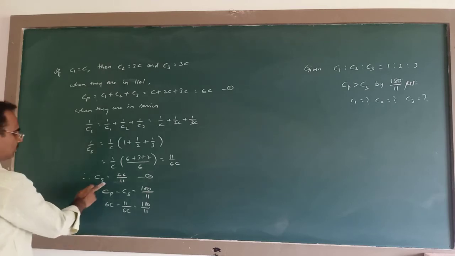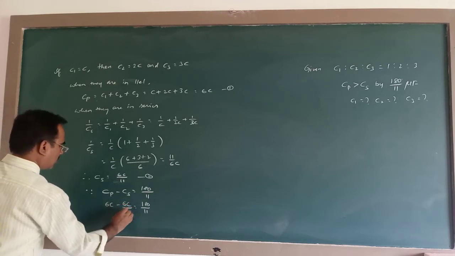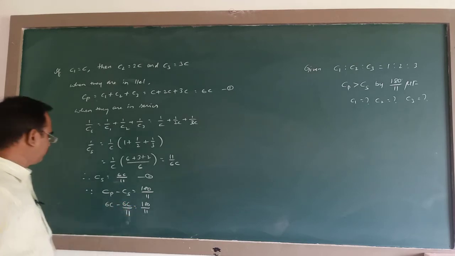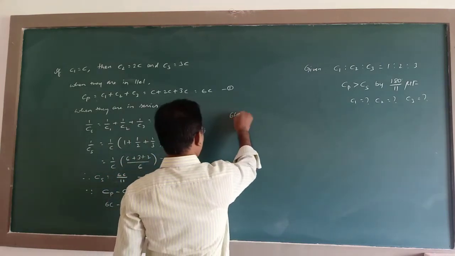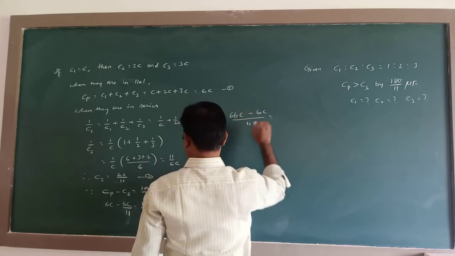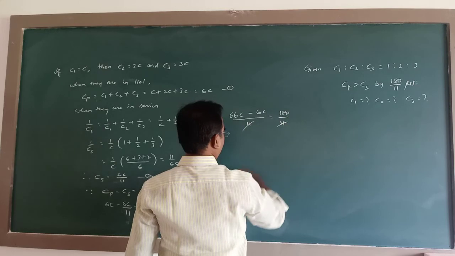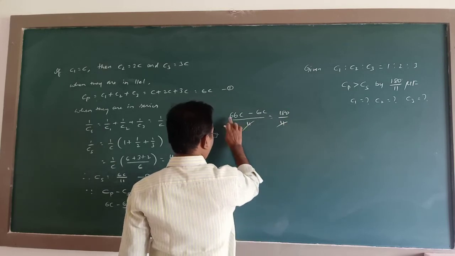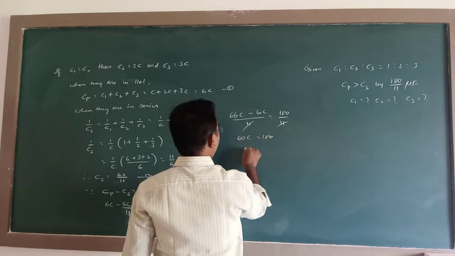CS is 6C by 11. So this is 66C minus 6C divided by 11. It is 180 by 11. So this term will cancel. 66C minus 6C is 60C is equal to 180.